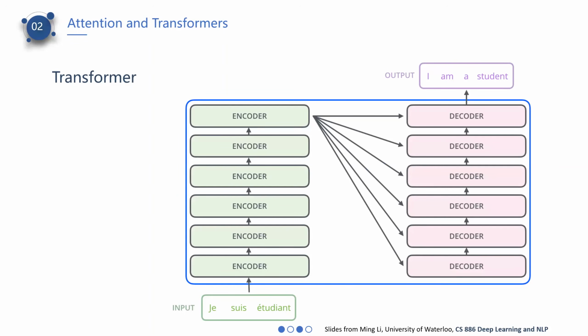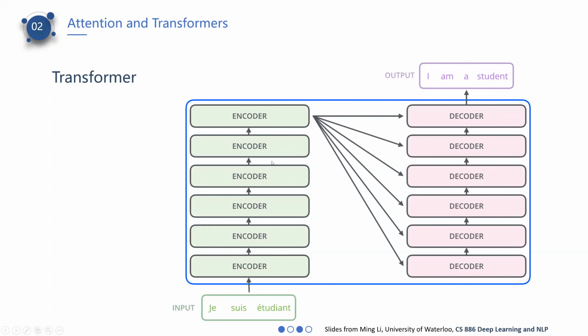So we have a transformer. As we say, we have an encoder with many blocks. Here we are showing 6 blocks, and we have a decoder, also with 6 blocks. We're going to look at an example. The transformer can be used for machine translation. So we have this French and we want to get the English.